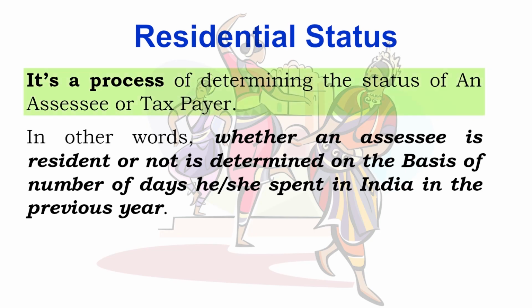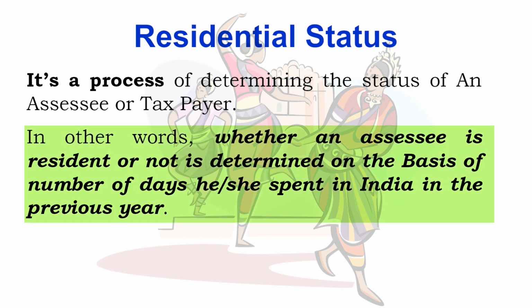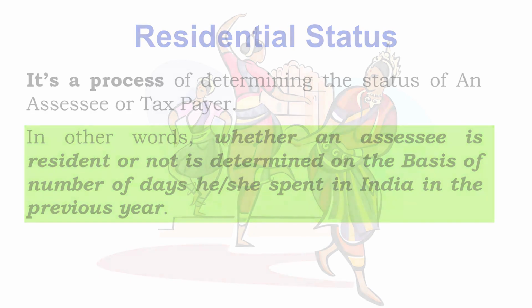It's a process of determining the status of a taxpayer. In other words, whether a taxpayer is resident or not is determined on the basis of the number of days he or she spent in India in the previous year.